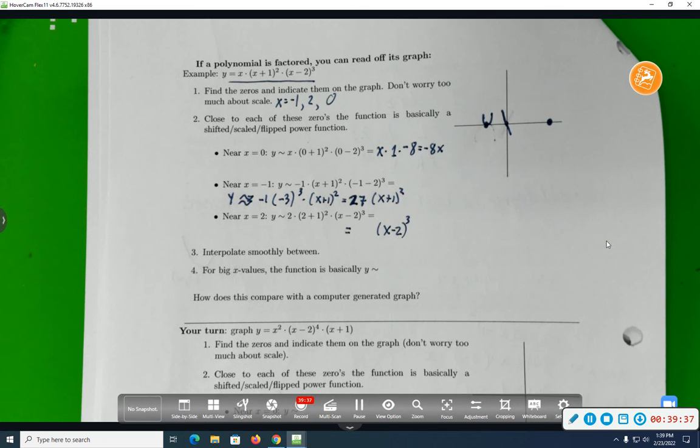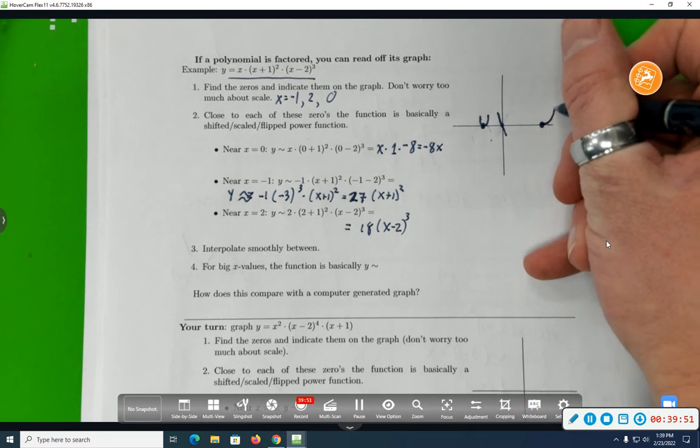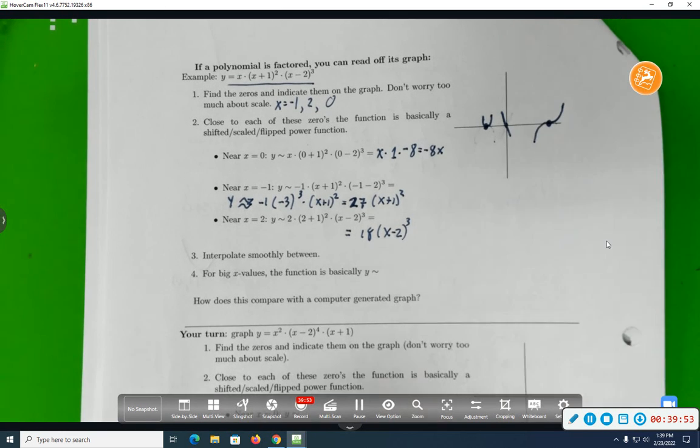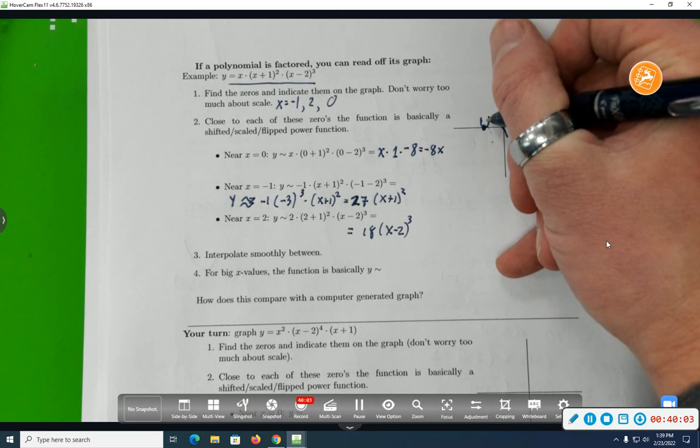Right, here it's 18. Do you think that I actually care whether it's 18 or 180 or anything positive? All I really care is that it's positive. But it's good to know it's 18 on the nose. So the graph will look something like that. It'll look like a cube function shifted and then stretched. And now let's interpolate between somehow.